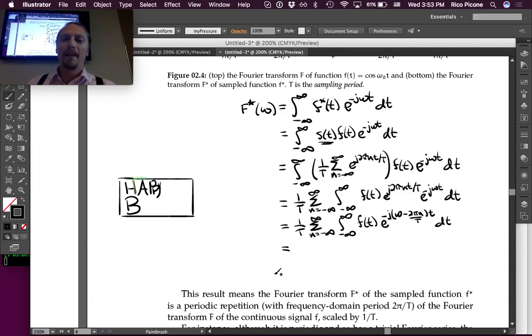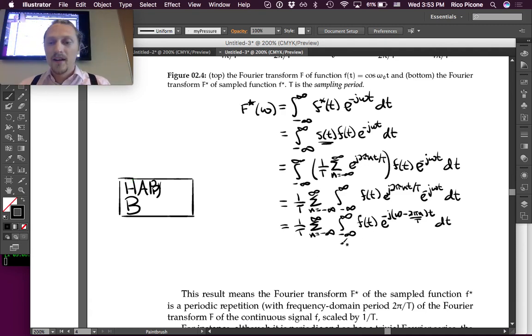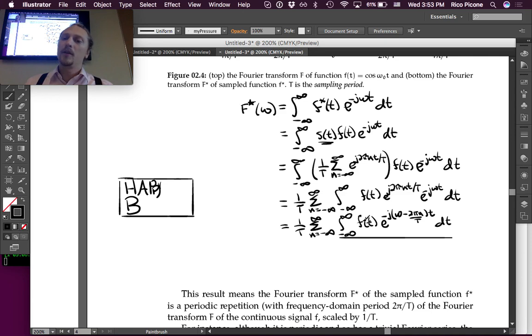So, okay. Now we can recognize this term as being a very specific thing. It's the Fourier transform of f. Remember, we're trying to find the Fourier transform of f star, but we found in there an expression of the Fourier transform of f, which is a very interesting thing to find in there. And that's actually the property that we're discovering here.